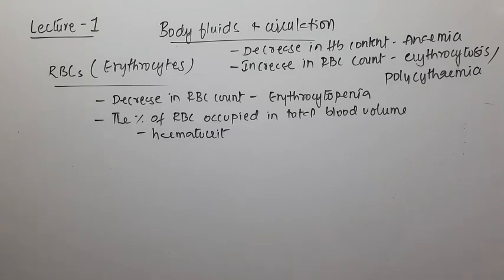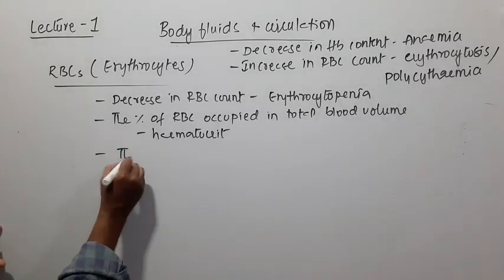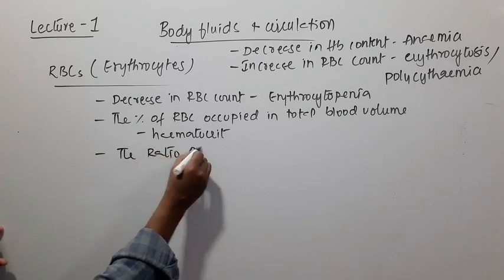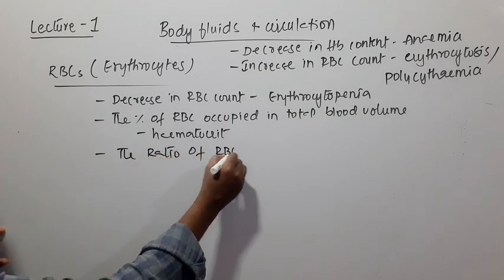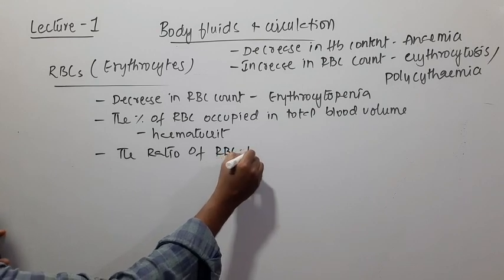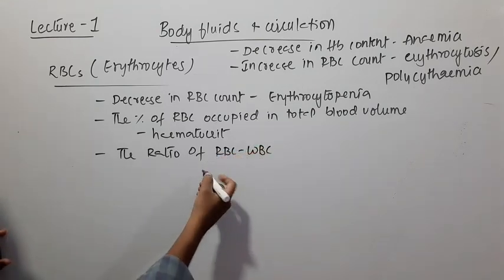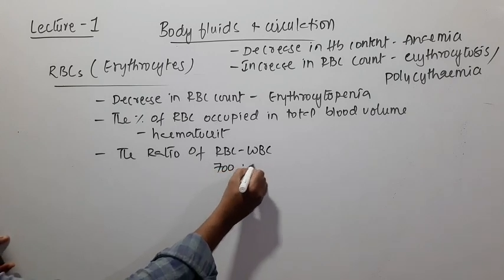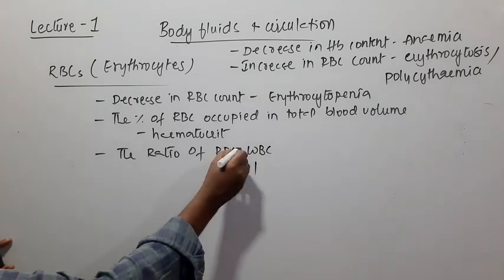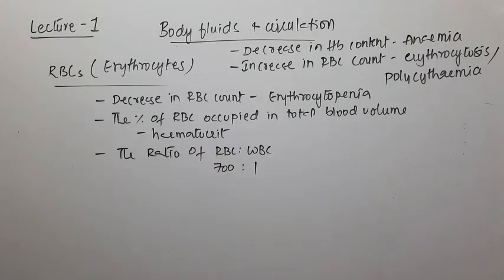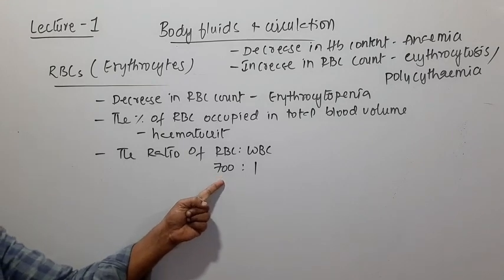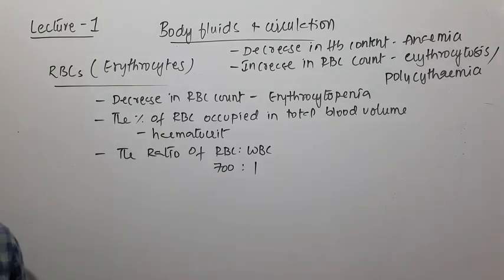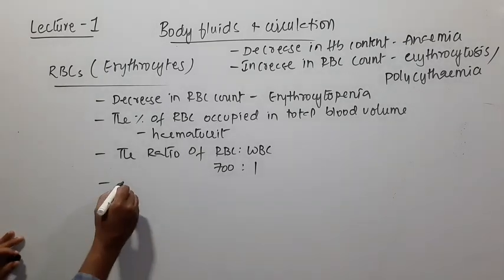Then the ratio of RBC to WBC will be around 700 to 1. So the ratio between RBC to WBC is that for every 700 RBCs, around 1 WBC will be present.